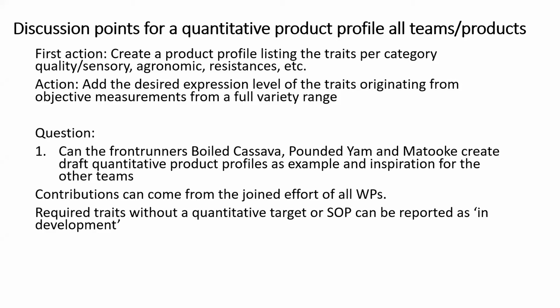Because you are all not at the same speed at this moment, for known reasons, there are some frontrunners. We identified boiled cassava, pounded yam, and matoke as most advanced in this respect, in terms of sensory profiling and in terms of chemistry and even high throughput.